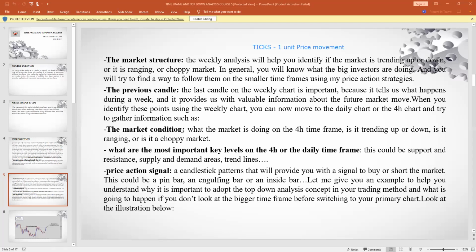We already know that if it is a ranging market, what we are simply waiting for is a breakout, and a retest. If it is a choppy market, we already know that it is no longer any of our business. We just stay away. And if it is a trending market, we can easily just follow market structure, use our supply and demand zones for our entry.